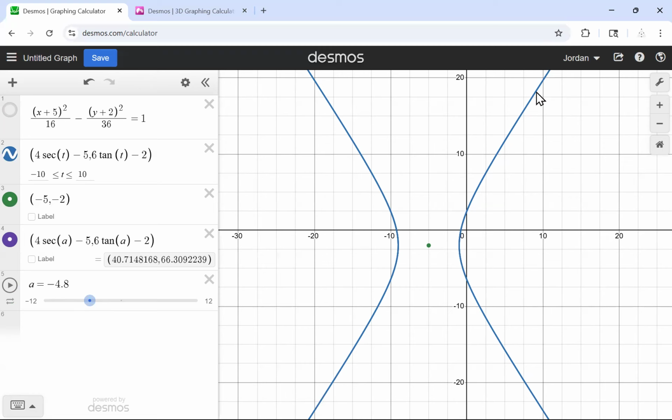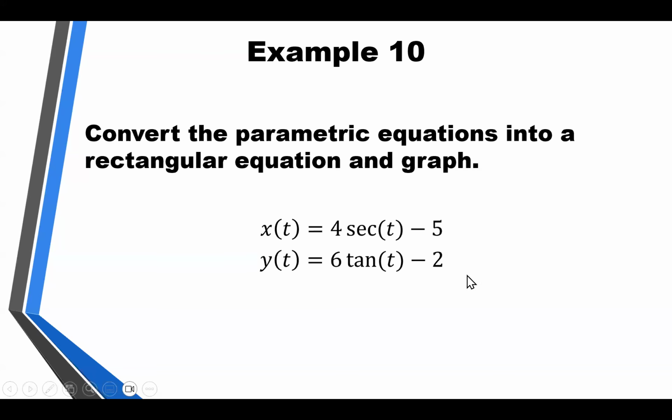And so you'll see what looks like the asymptote.